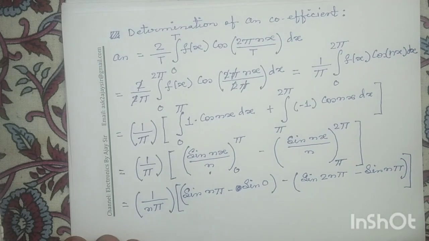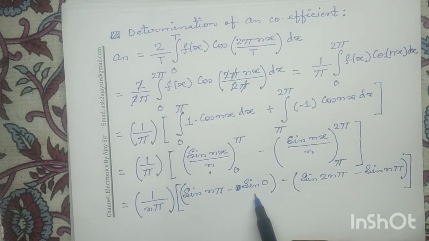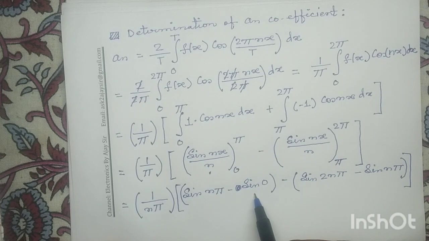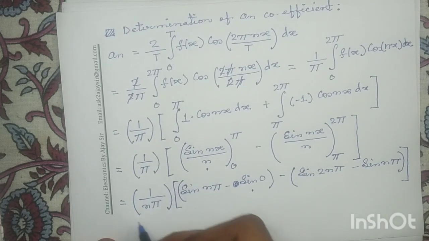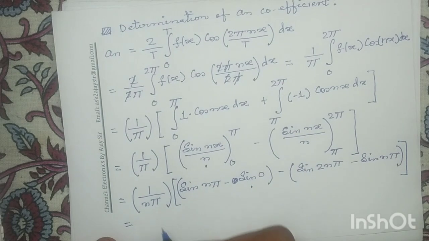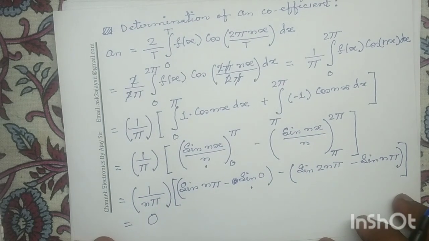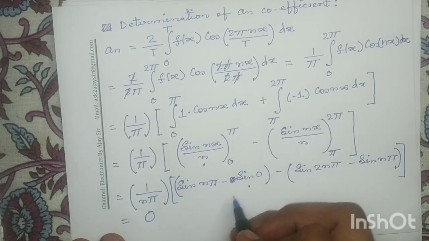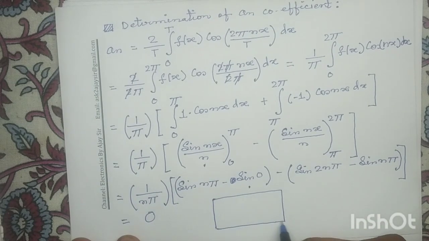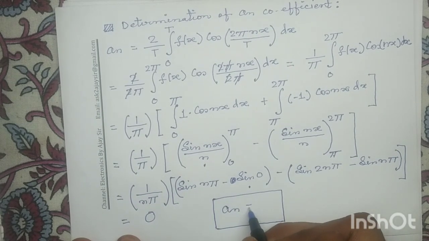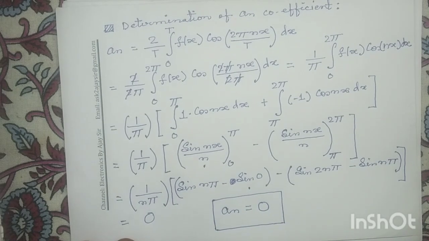In trigonometry, we know sine 0 is equal to 0 as well as sine n pi is also equal to 0. So this entire expression evaluates to 0. So we have determined our next coefficient, a of n, and we obtained a of n is also equal to 0.